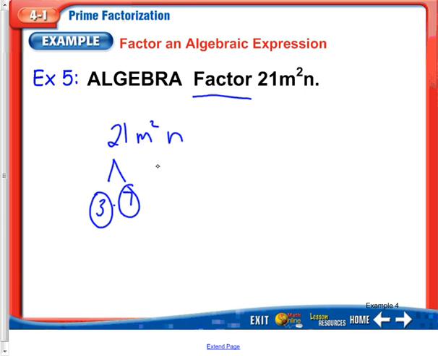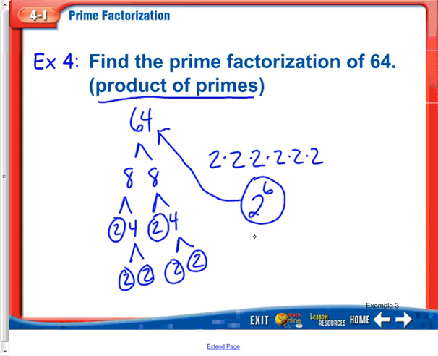And m squared can be written as m times m, and n can be written as just plain n. So when I rewrite this, I'm going to write 3 times 7 times m times m times n. Now, if you look at how we did this problem before, when it says prime factorization, I'm always taking these numbers and combining them and rewriting them with exponents.